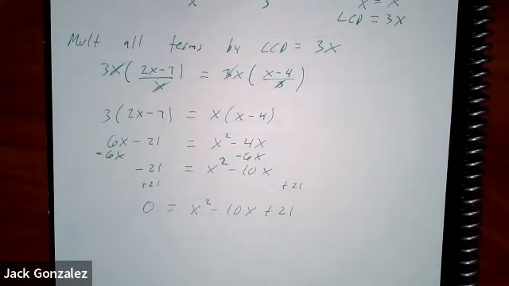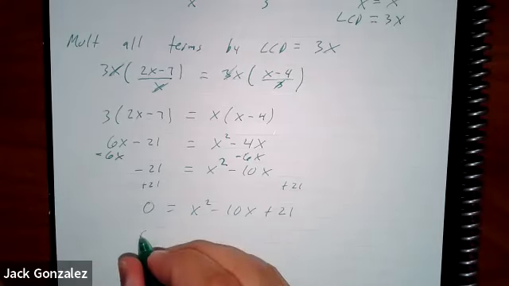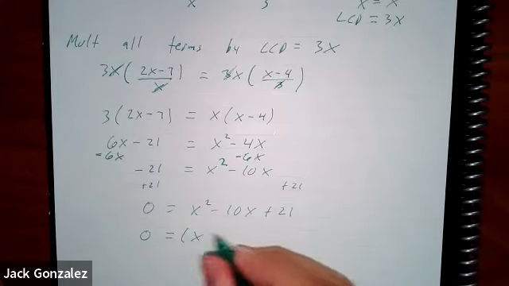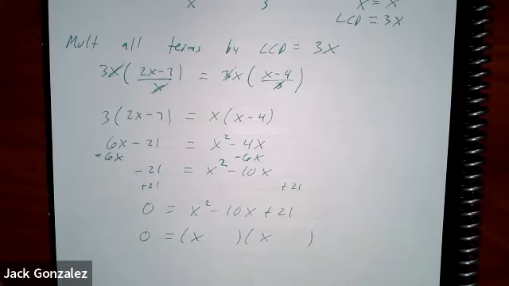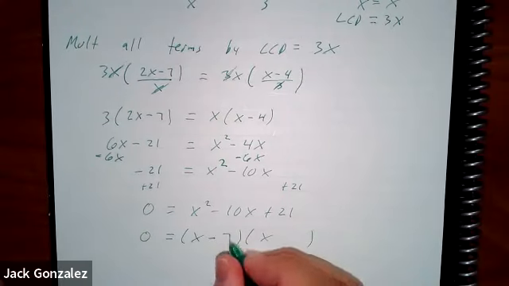All right, at this point, can you factor straight up or do we need quadratic? What do you think? You could factor straight up. You could do the AC method, x and x, and then 7 times 3 is 21, 7 plus 3 is 10. But you need 7 to be negative to make it -10.